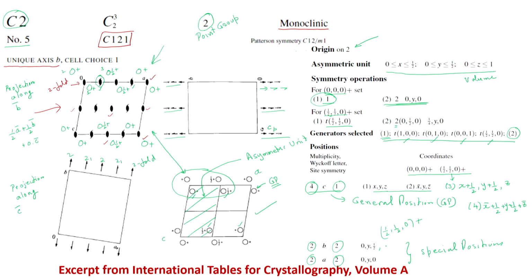When you add this, this would be half, y plus half, and 0. This one is not 0, it is 0, y plus half, half, and this is half, y plus half, 0. So, these are the various positions for the special position.